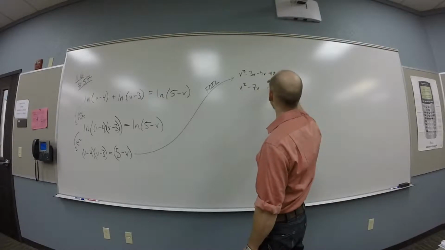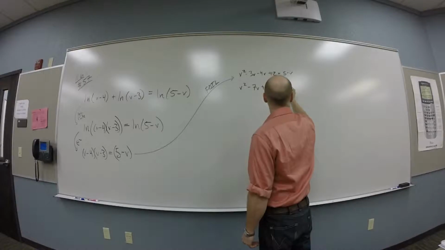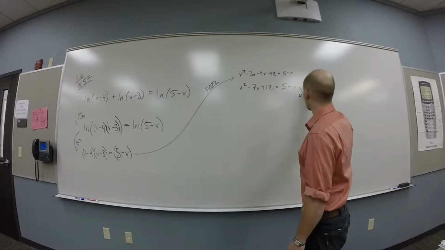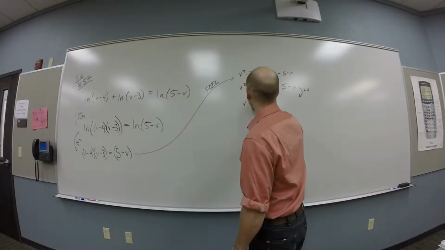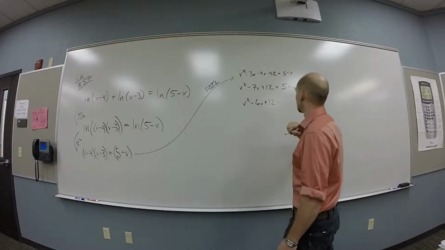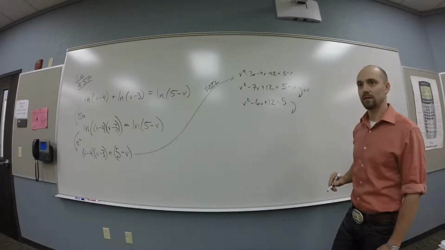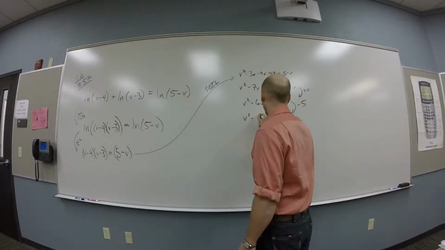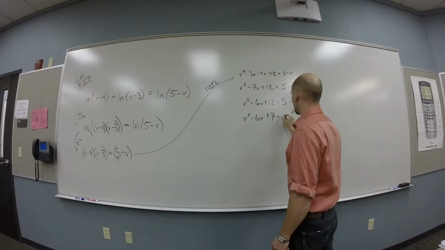So I've got minus 7v plus 12 is 5 minus v. Now I add v to both sides. So I've got v squared minus 6v plus 12 is 5. And then I subtract 5. So I've got v squared minus 6v plus 7 is 0.